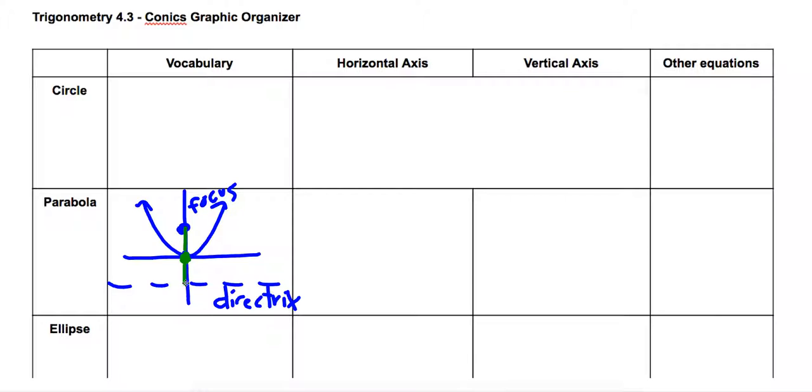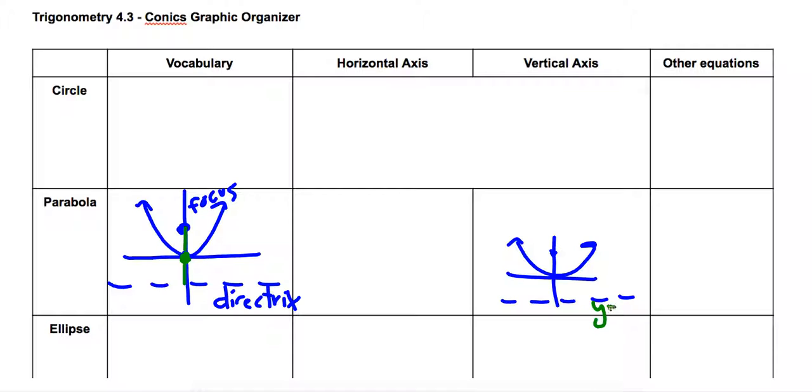Now, we want to talk about the standard equation of parabolas, and this is a little bit different than what you're used to. We're going to go with a vertical axis because that's what we're most familiar with. So if we have a parabola that looks like this, has our focus here and our directrix here, the directrix has an equation.